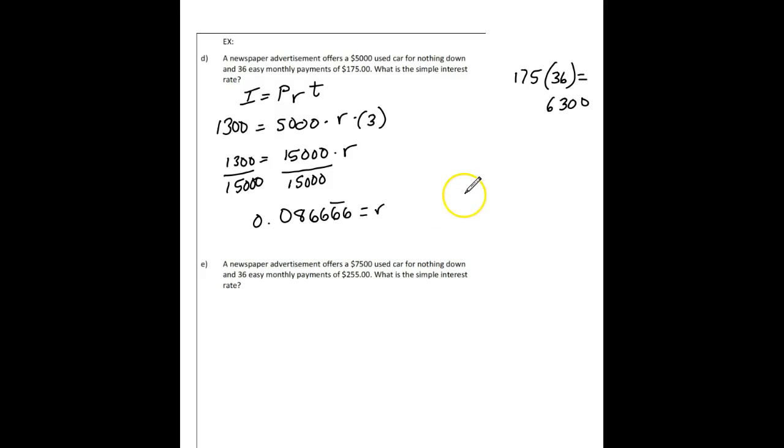Well, we want to know what this is as an interest rate, not as a decimal, so I need to move my decimal 2 places to the right, and I get 8.66% repeating, or 8 2/3% simple interest.